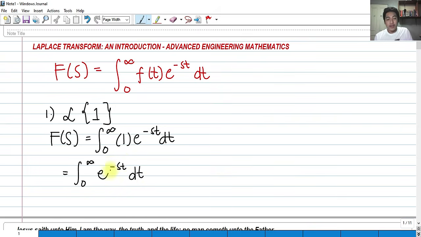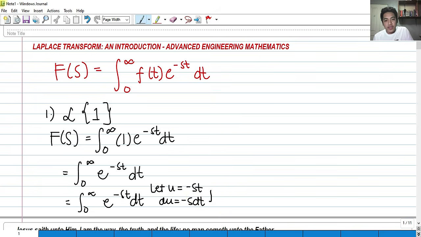Any variable other than t inside the integrand is considered as a constant. So we have from 0 to infinity of e raised to negative st dt. If we let u equal negative st, we get the derivative with respect to t: du is negative s dt.